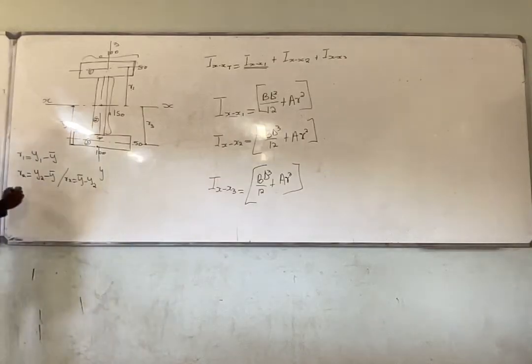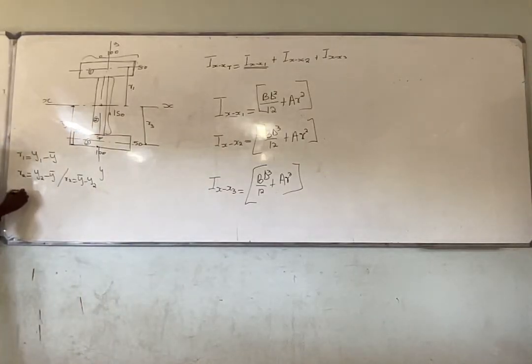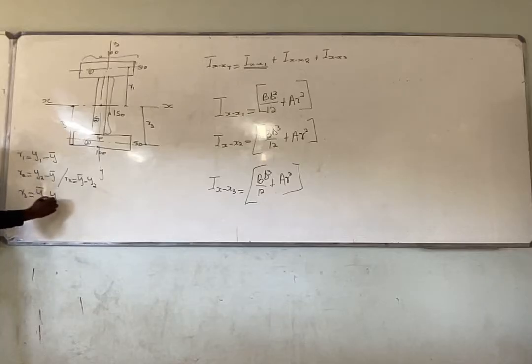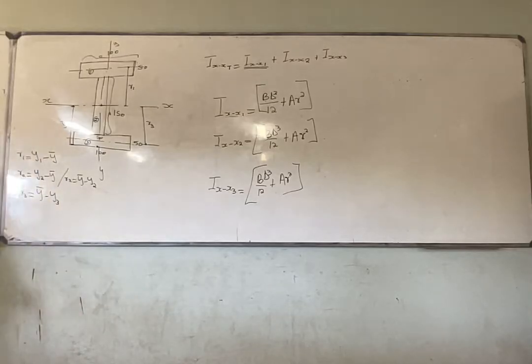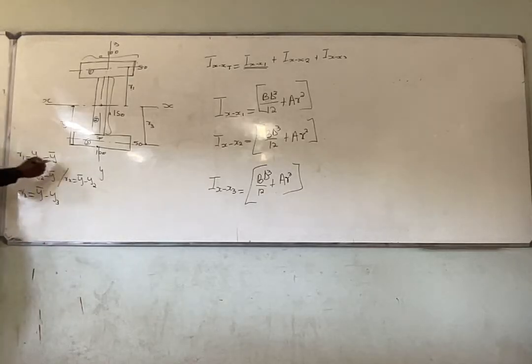So R3 will be y bar minus y3. We have already done the centroid. So in this case, what is the magnitude of y bar?